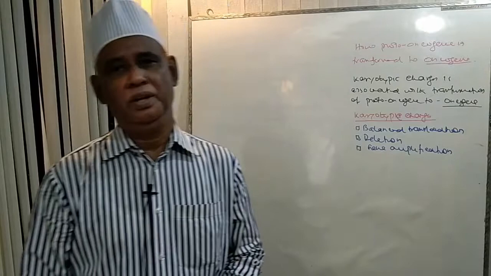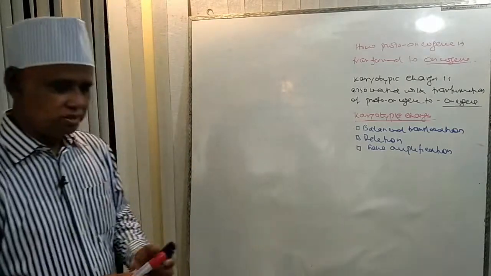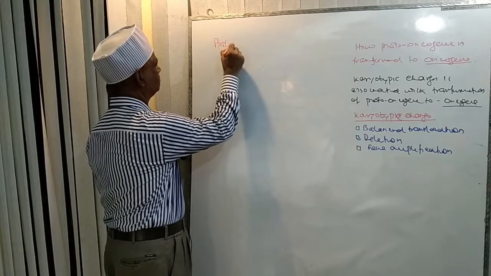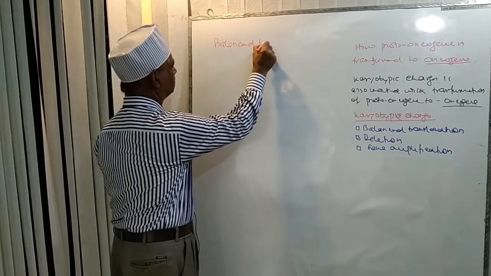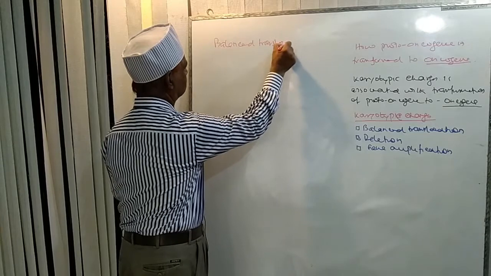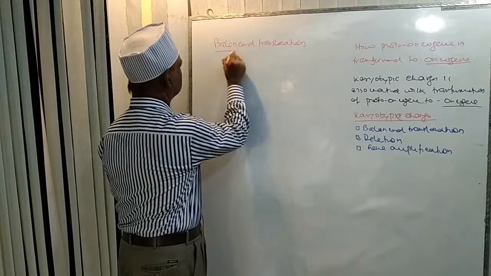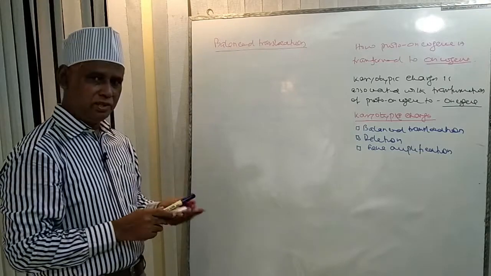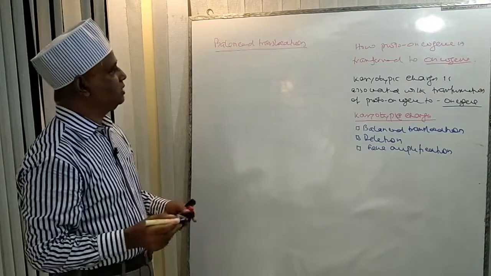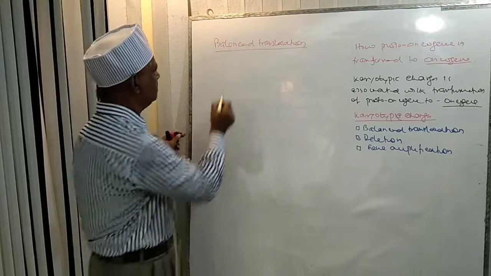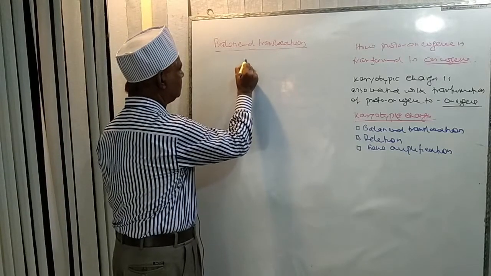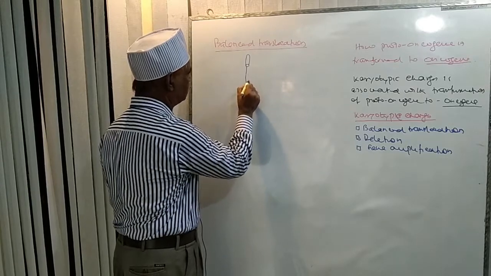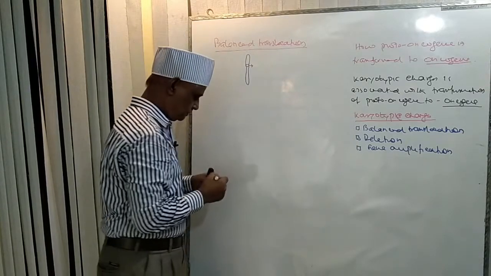Dear audience, now come to balanced translocation. What do we mean by balanced translocation? Before discussing this, we have to recapitulate. Suppose this is a chromosome with a short arm, a long arm, and the centromere.